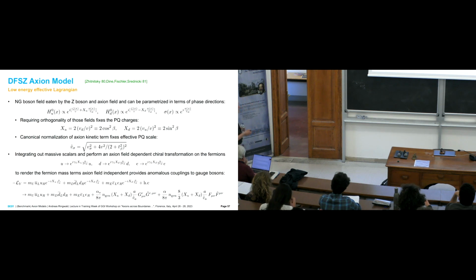And then again, in order to integrate out the fermions, we have to get rid of these funny fermion mass terms. We have to perform an axion field-dependent chiral transformation on the fermions, which is now dictated by a comparison of this.